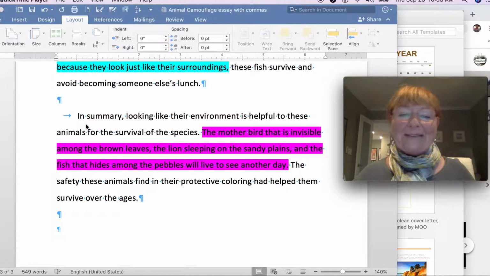And then the pink sentence, the mother bird that is invisible among the brown leaves, the mother bird which is invisible among the brown leaves, that is another way of saying which. The lion sleeps on the sandy plain, lion sleeping on the sandy plains, comma, and the fish that hides among the pebbles. So you have three things: mother bird, lion, and fish.